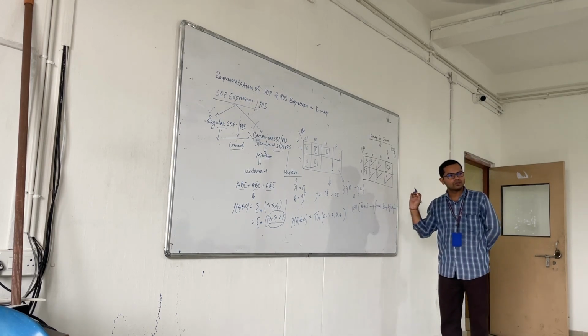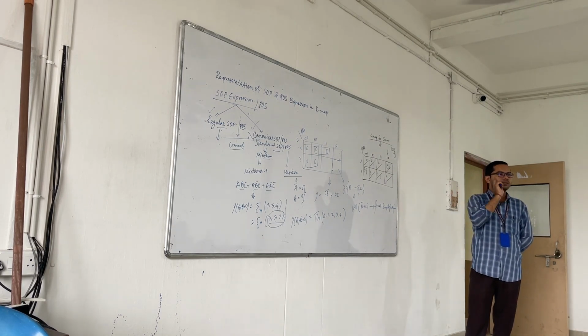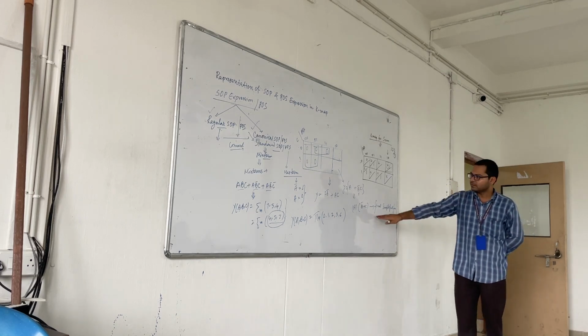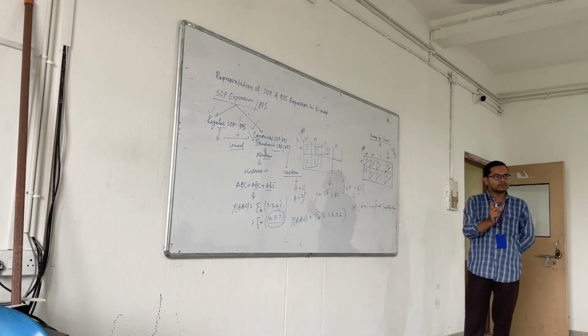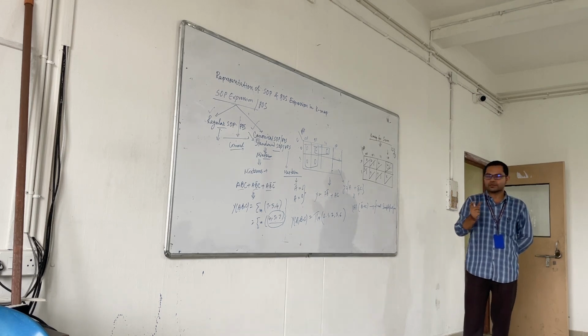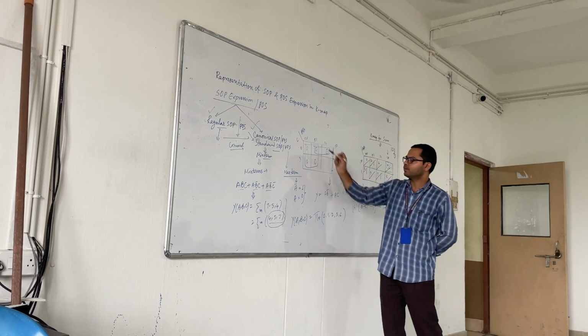Clear? For POS, that means when you have a POS expression, max term, the writing pattern of variables, common variables within a group and between groups will be this one. Within a single group, that means this is a single group, what are we getting?